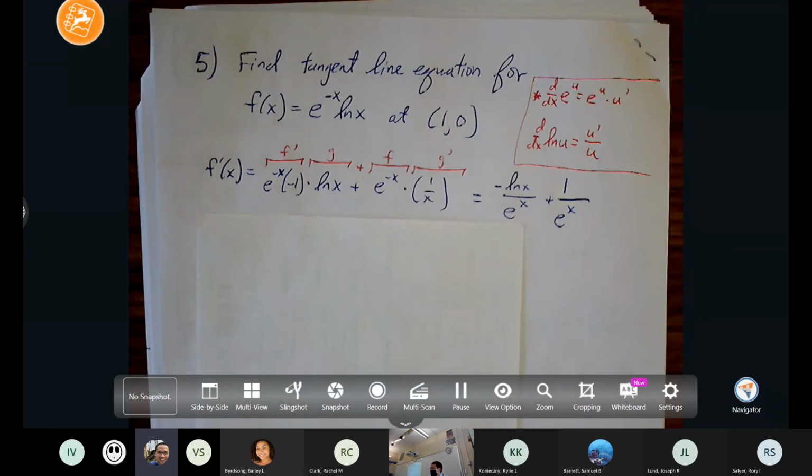Okay. F prime g plus f g prime. You don't have to clean up because really we just wanted to get the slope, but I figured if I clean up a little bit, it'll make it easier for me to identify my slope value, but it's up to you.